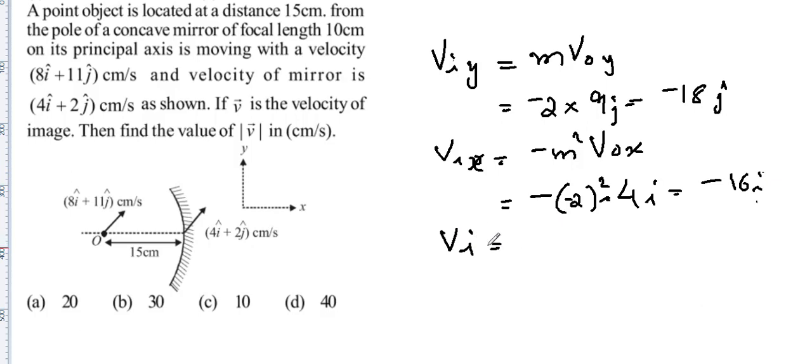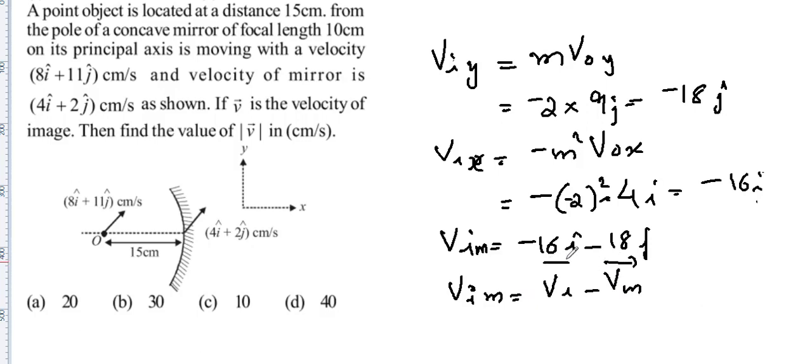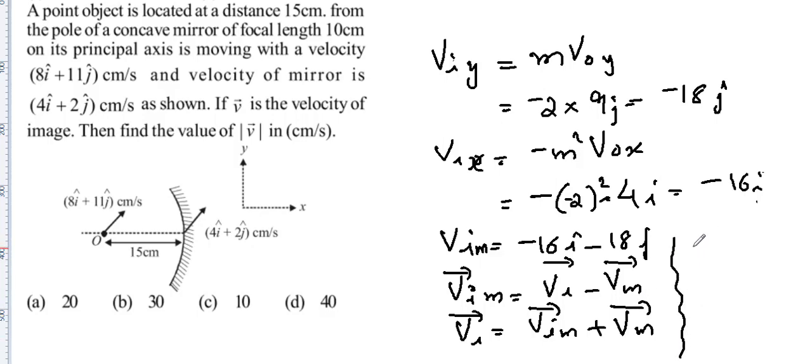So in all, what is the velocity of the image? Velocity of the image with respect to the mirror is equal to minus 16i minus 18j. We know velocity of the image with respect to the mirror equals velocity of the image minus velocity of the mirror. So the velocity of the image is the velocity of the image with respect to the mirror plus the velocity of the mirror, which is minus 16i minus 18j plus 4i plus 2j.